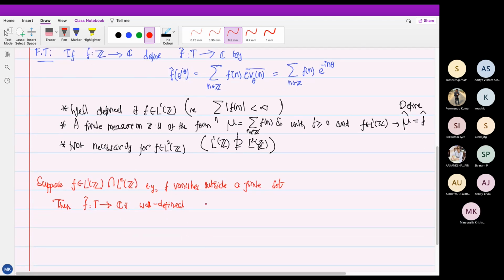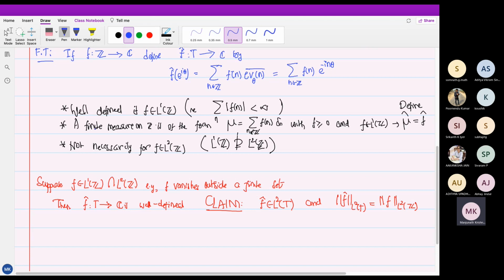So what we claim now is that f hat is in L2 of T and its norm in L2 of T is the same as the norm of the original function in L2 of Z. We don't have the Fourier transform defined yet on L2 of Z, so we have to consider functions in L1 intersection L2. The claim is then that the Fourier transform is in L2 of T and this equality holds.